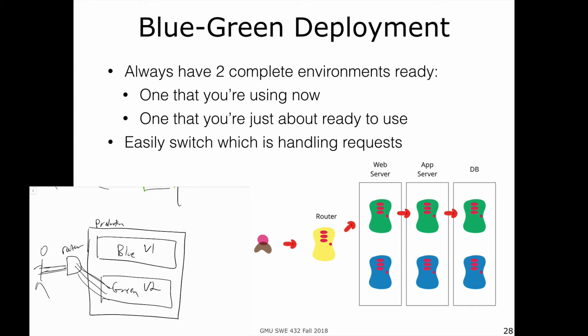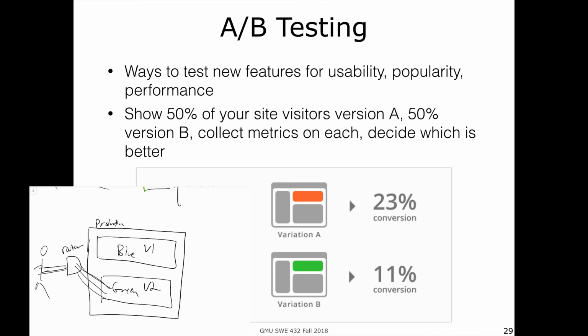So something that's really related, if we have this mechanism set up already where I can have multiple versions of my code running and some way to pick which users see which version of the code, is we could do A/B testing. So with A/B testing, we might test new features for usability or popularity or performance by simply changing which version of the code some users see.